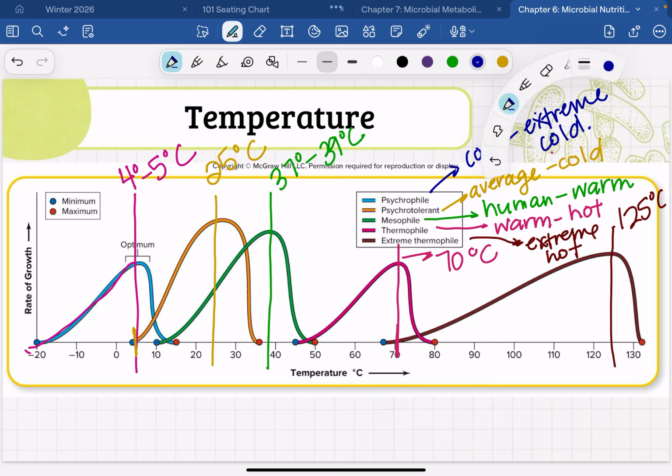Since humans existed, we've been taking advantage of this to protect ourselves from bacteria, right? What is the most basic form of bacterial control that we have done since before we knew that bacteria existed? Heating up our food. We cook our food, we heat it up. And that kills almost everything, right?